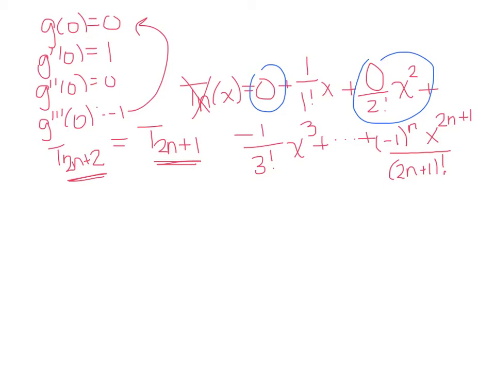So this one is a little tricky just because we eliminate the evens, so we don't get T n, we get something that looks more like T 2n plus 1. The reason that happens is that the derivatives of the even powers go to 0. So all of the even powered terms are going to go away in our Taylor polynomial, and we're only left with terms that have odd powers.